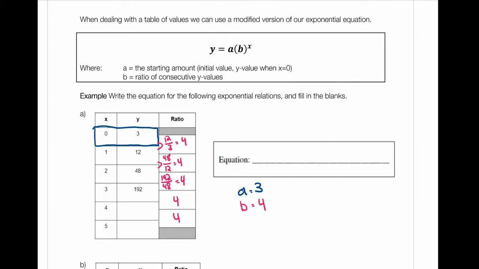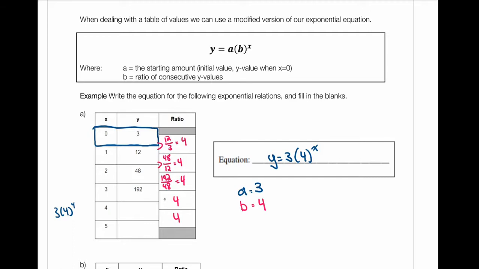So if I go to my equation now, using the form in the box above, it's going to be y equals a, which is 3, my starting amount, times my ratio, which is 4, to the power of x. So this is my exponential equation for this table of values. I can use that now to fill in the missing boxes. So I could do 3 times 4 to the power of 4 and get my next answer.